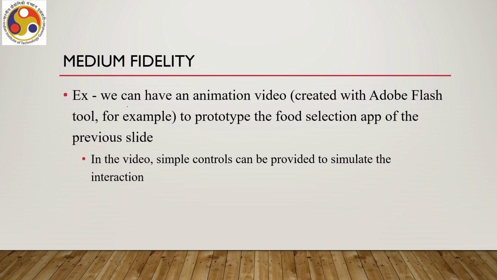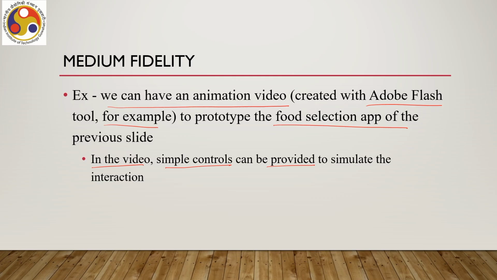For example, we can have an animation video created with, say, the Adobe Flash tool, to prototype the food selection app of the previous slide. In the video, simple controls such as space key pressing or up down arrow key pressing can be provided to simulate the interaction.